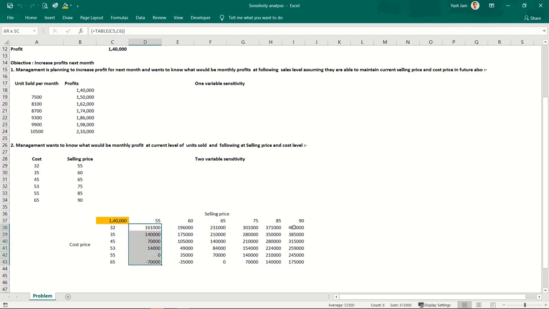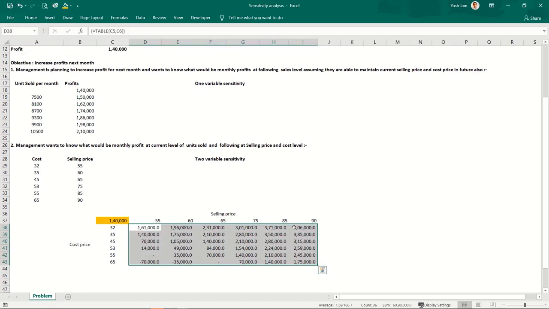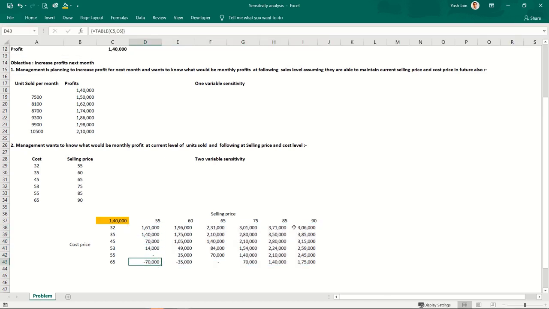And since you are presenting this to management, maybe give it a nice formatting, and now management can see very easily, okay, if we sell say at $75 per unit and our cost is 53, we would be making profit of $1,54,000.